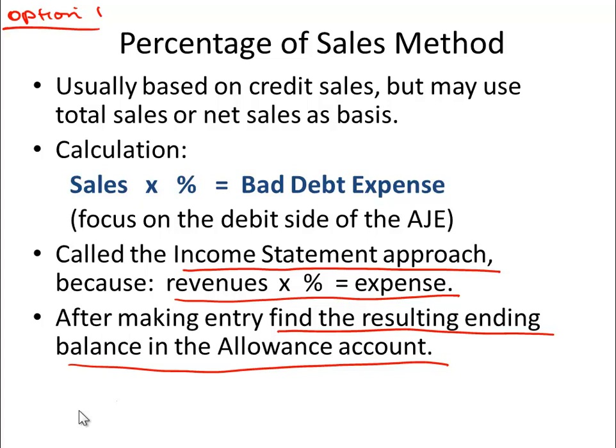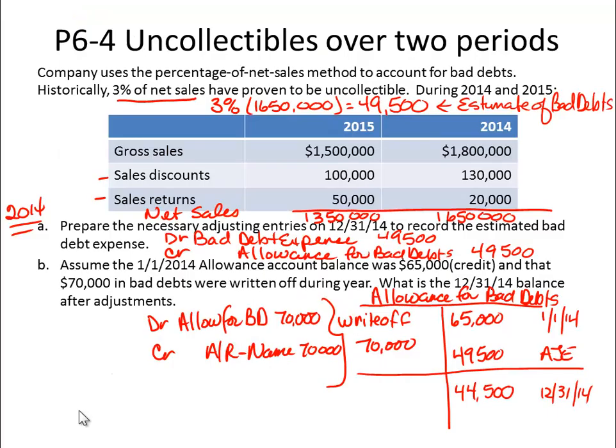This is called the income statement approach because notice the estimate is based upon an income statement item called revenue. After making that adjusting journal entry, we then have to figure out what the ending balance is in the allowance account.